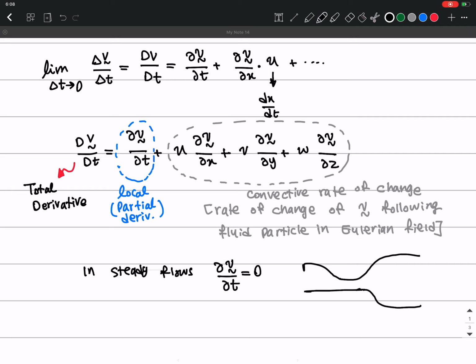The velocity field could be steady, meaning that this V is not a function of time. The entering V is not a function of time, but as this velocity goes into this domain, it can experience some acceleration here, and some deceleration here.